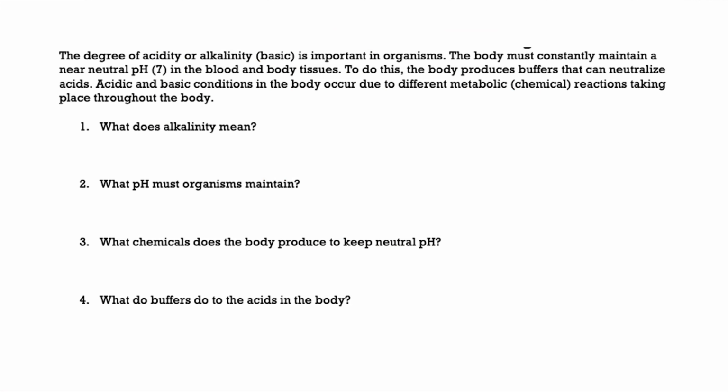So there's a bunch going on here, and let's just start by going over a few questions. When it says, what does alkalinity mean? That's in the first sentence, and that talks about how basic something is. And again, when we're talking about something being basic, we're talking about pH, not other things. Number 2, what pH must organisms maintain? A near neutral pH.